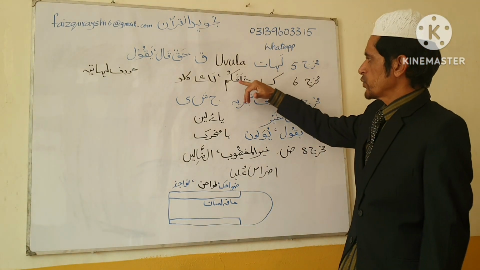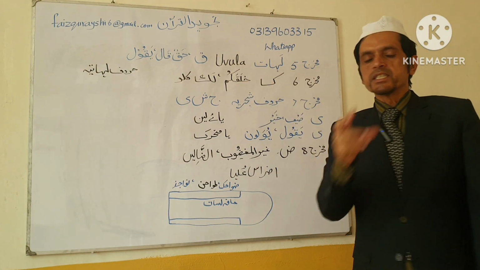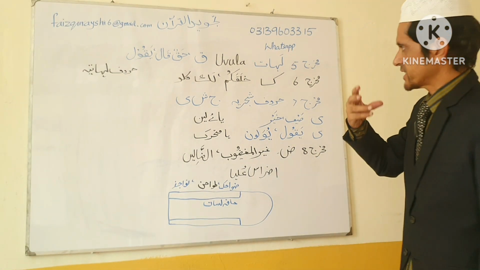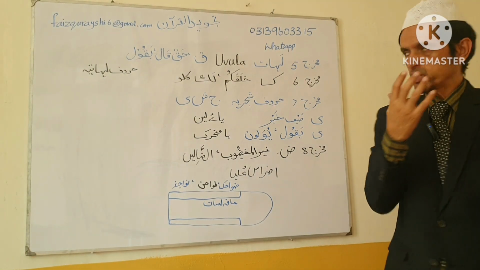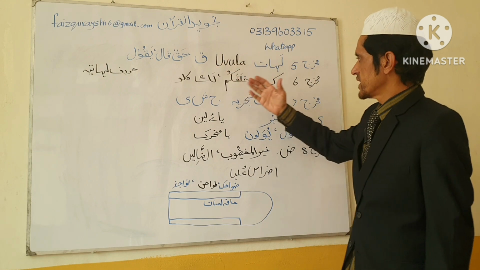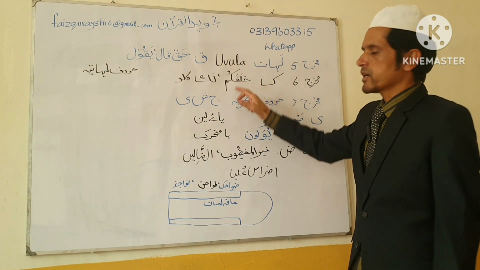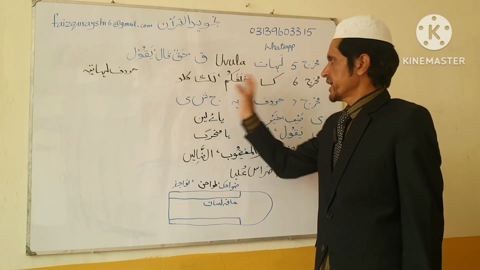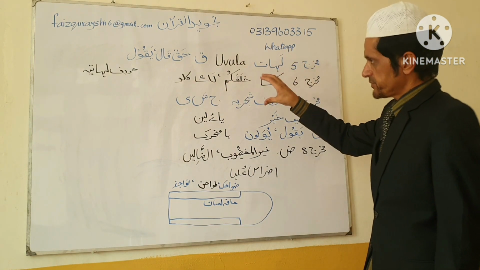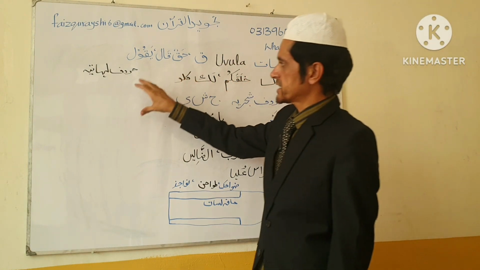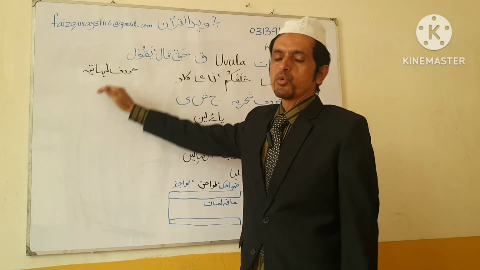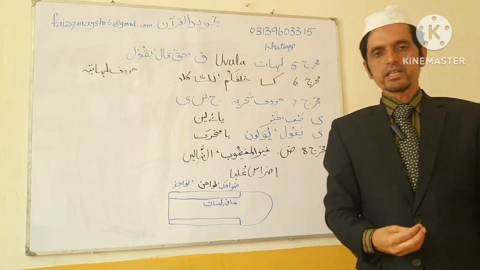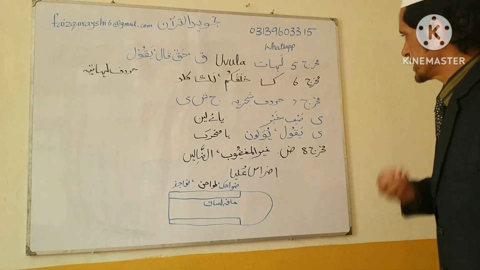These two letters are articulated near to each other. Qaf, Kaf. Khalaqakum, Laka. The name of these letters is Hurufi Lahatiya.